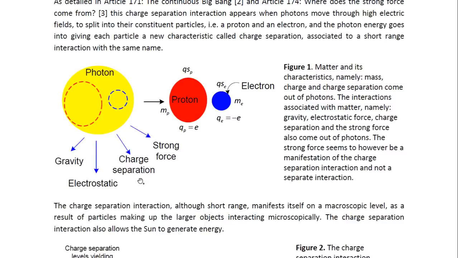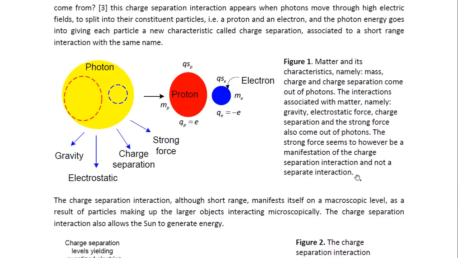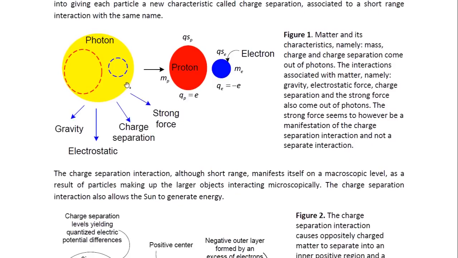However, the charge separation is a short-range force, so it only acts within a short distance. After the particles are beyond that distance, then they will again be attracted due to the electrostatic potential. So all of these manifest.